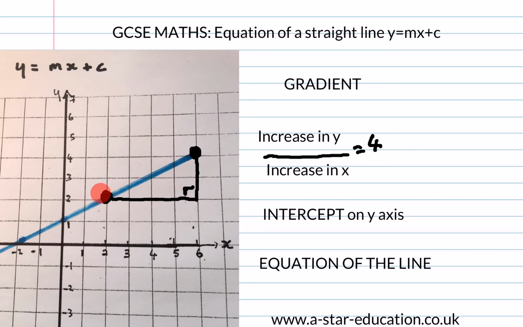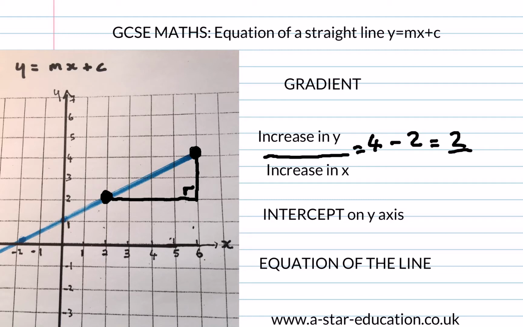So let's write that down. The increase in y is 4, which is that point there, minus 2, which is that point there. The increase in y is 4 minus 2, and 4 minus 2, of course, is 2. So let's write that down.